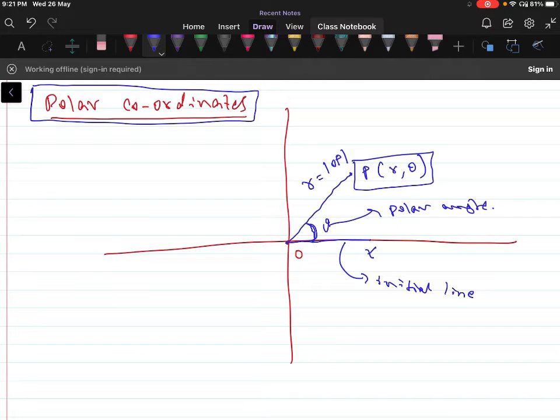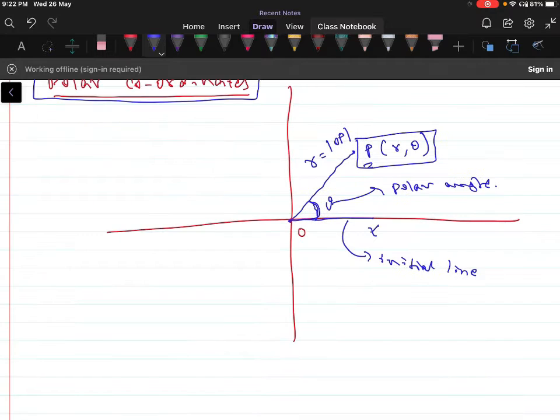The positive x-axis is taken as the polar angle reference, so there theta is equal to 0. Theta is measured in the anticlockwise direction. Therefore the positive y-axis can be represented by theta is equal to pi by 2, the negative x-axis by theta is equal to pi, and the negative y-axis by theta is equal to 3 pi by 2.